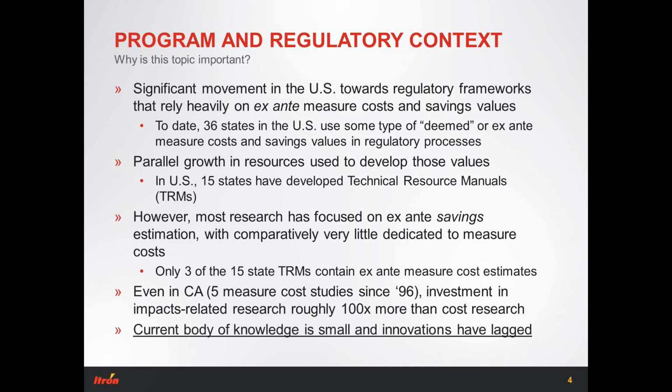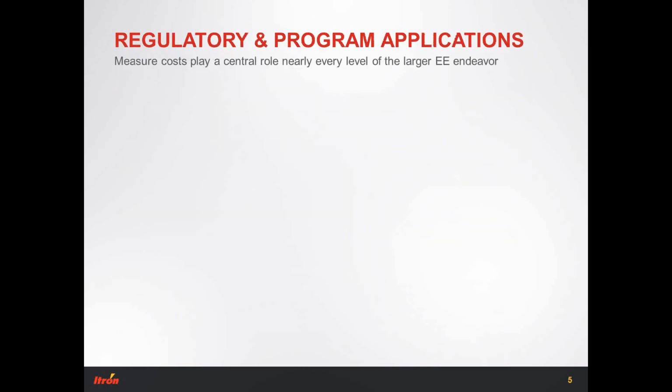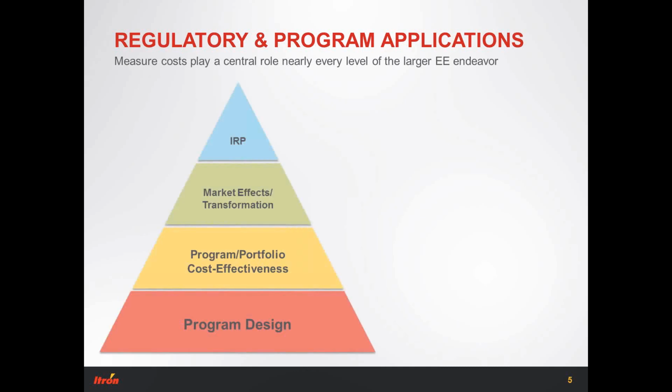What this all means, in our assessment, is that the current body of knowledge about how to conduct these studies is small and innovations have lagged, which is strange when you think about it, because measure costs are a pretty central player in pretty much everything that we do in the larger energy efficiency endeavor.